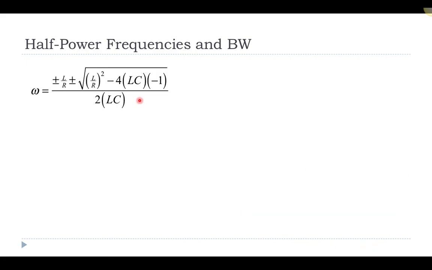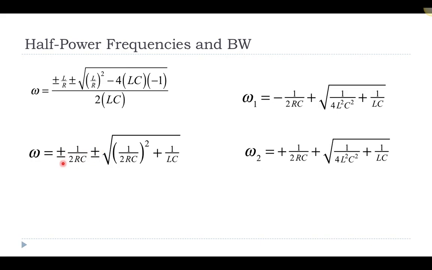And of course, I have plus minus and another plus minus, so this gives me 4 angular frequencies. Only 2 of those values are positive. So once I combine these terms, it becomes a positive. I can do some rearranging again, the LC and the L over R here and the 2, and I realize that the term under the square root is always greater than the term that's out front, which means that this has to be a positive, and then the other terms can be a plus and a minus.